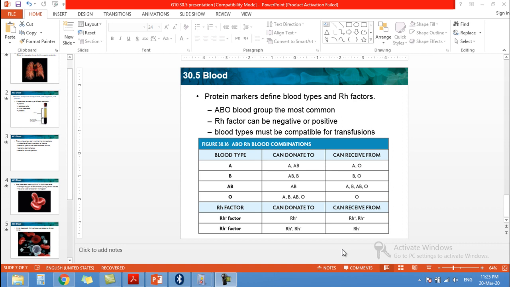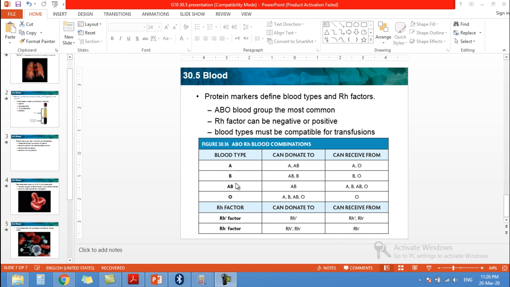The most common protein markers are divided into two major groups. The first group is the ABO group, and the second is the blood group related to the Rh factor. The ABO blood group has only two protein markers, A and B, but it has four types: A, B, AB, and O, like what you have seen here in the table.